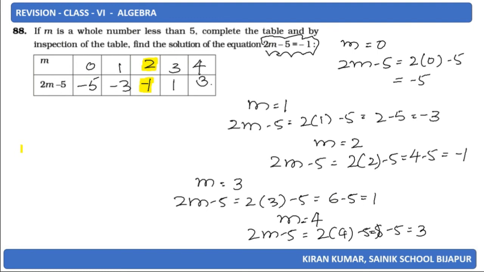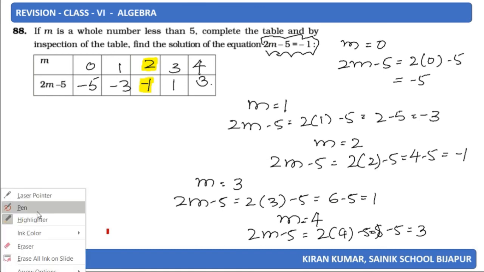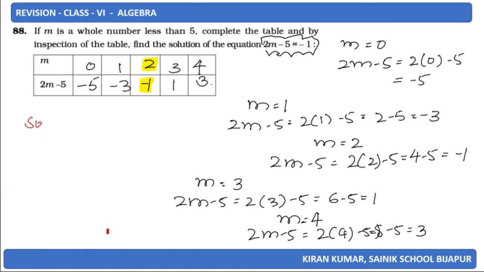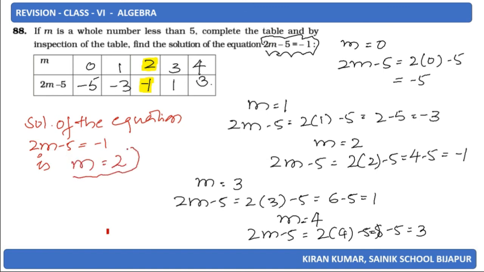Therefore, the solution of the equation 2m minus 5 equal to negative 1 is m equal to positive 2. This is by mere observation in the given table.